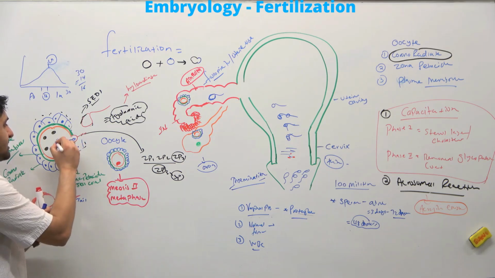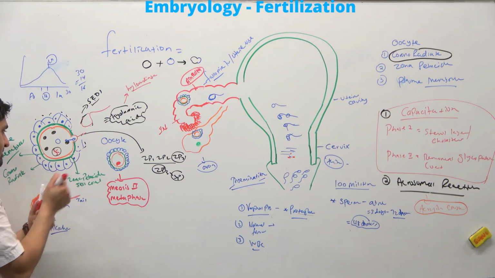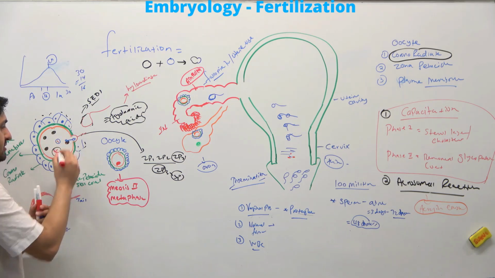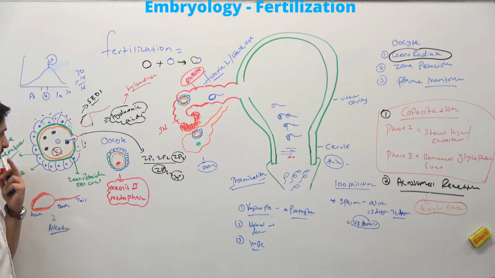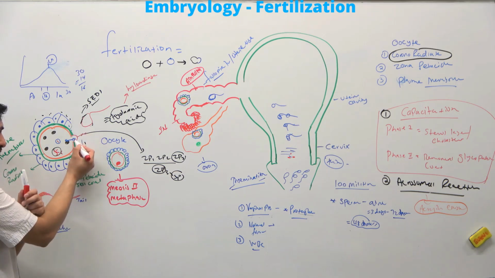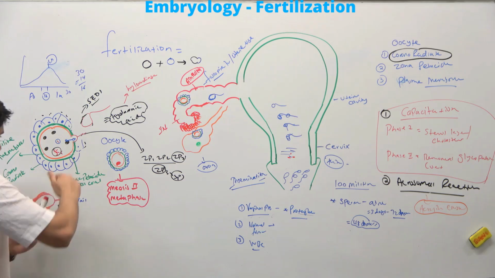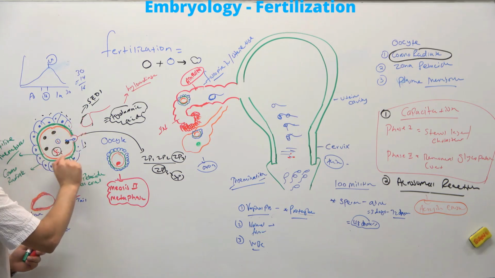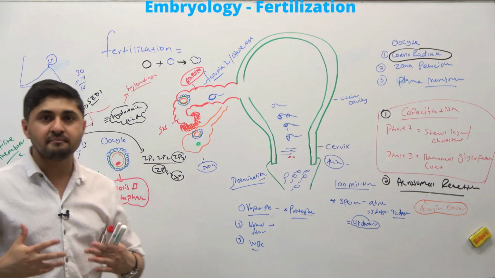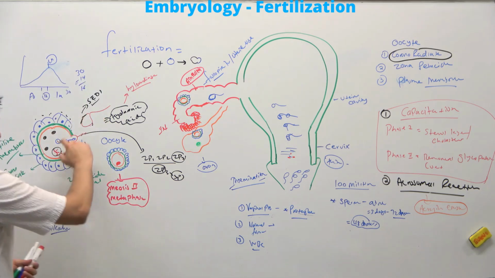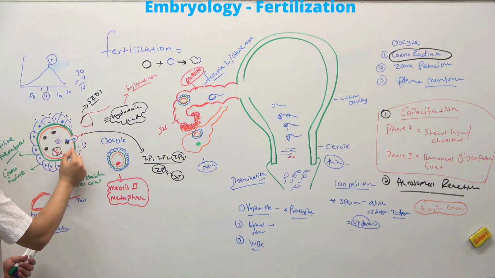Now let's just say this is a male nucleus here, and this is a female, obviously. Now what is going to happen right here? When this sperm touches the vitelline membrane of the oocyte, the cells around there start undergoing major depolarization.